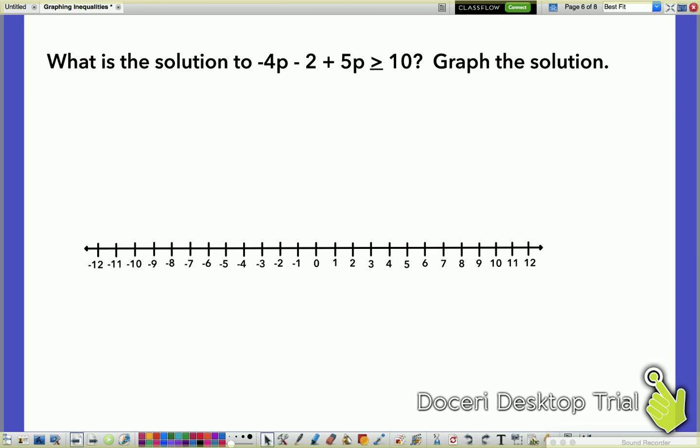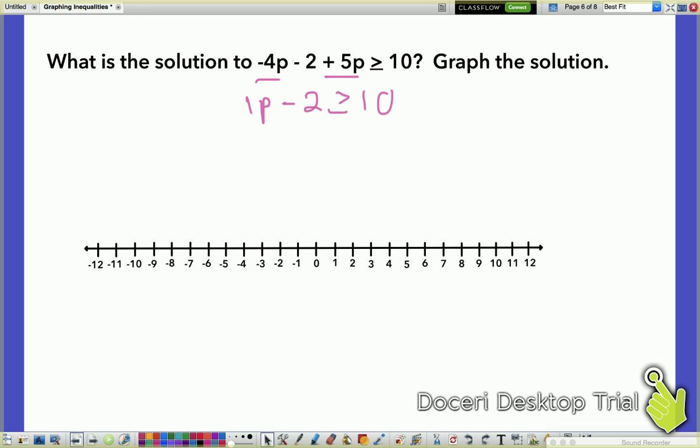So here I have negative 4p minus 2 plus 5p is greater than or equal to 10. Okay, so we've got two p's there, so we need to combine like terms. Negative 4p plus 5p is 1p minus 2 greater than or equal to 10.